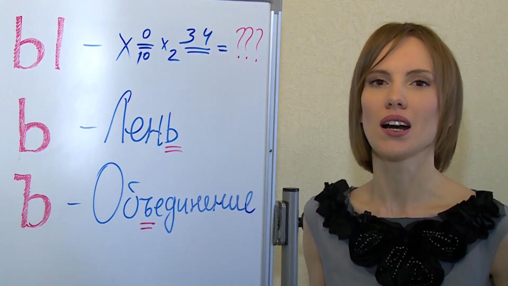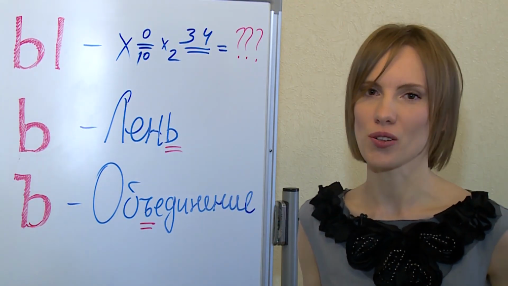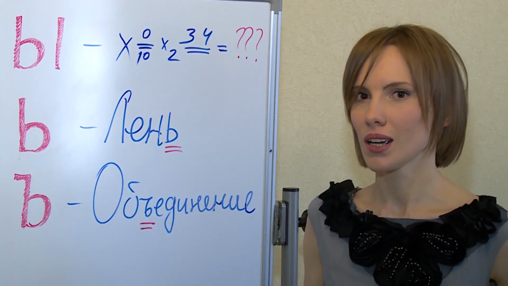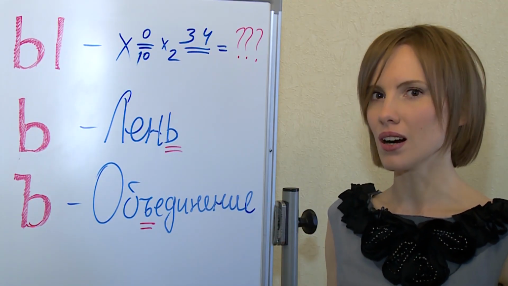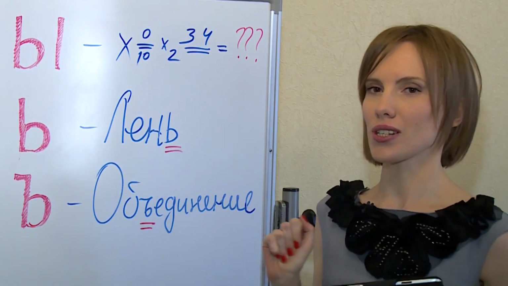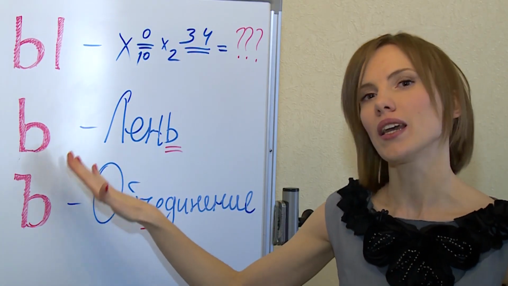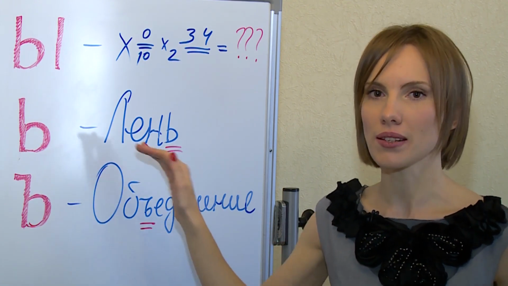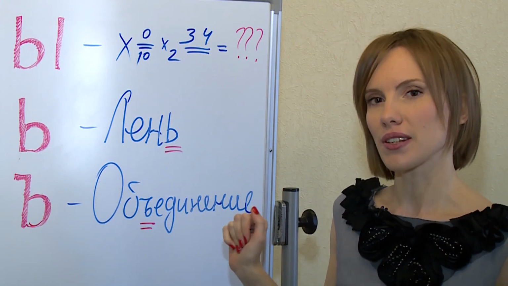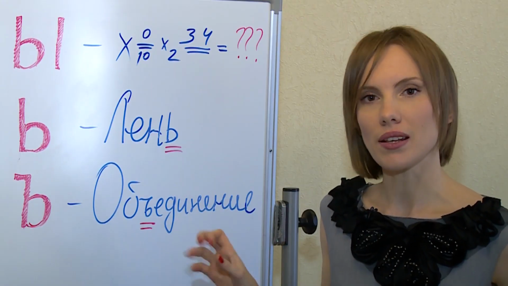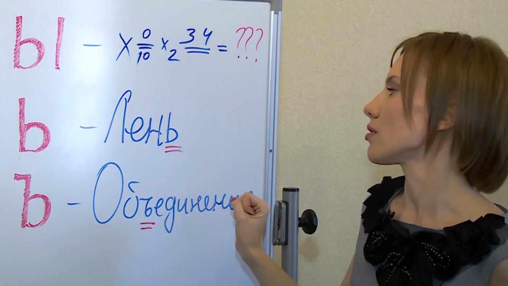I know it's difficult, but I am sure that you can do that. Soft sign. When this symbol is directly following a consonant, it influences the way the consonant is pronounced.